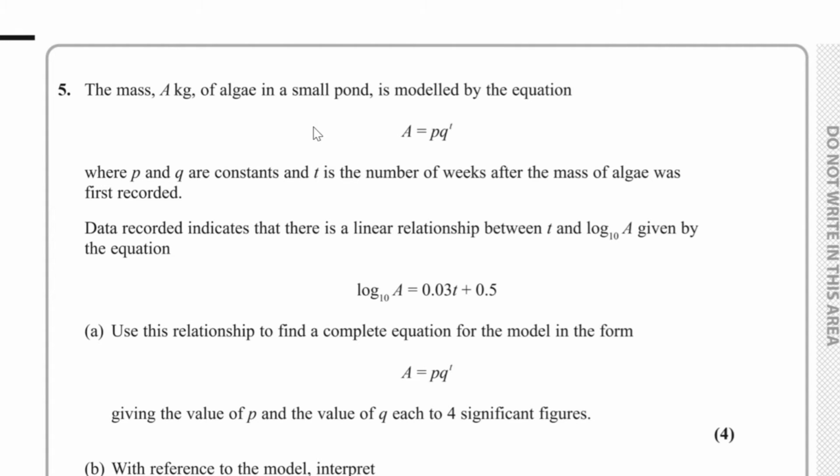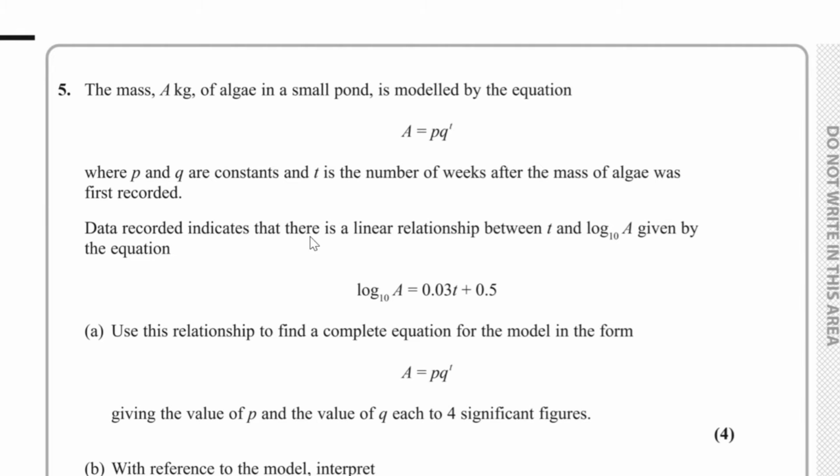Question number 5. The mass A kilograms of algae in a small pond is modelled by the equation A equals P multiplied by Q raised to the power of T, where P and Q are constants and T is the number of weeks after the mass of algae was first recorded.